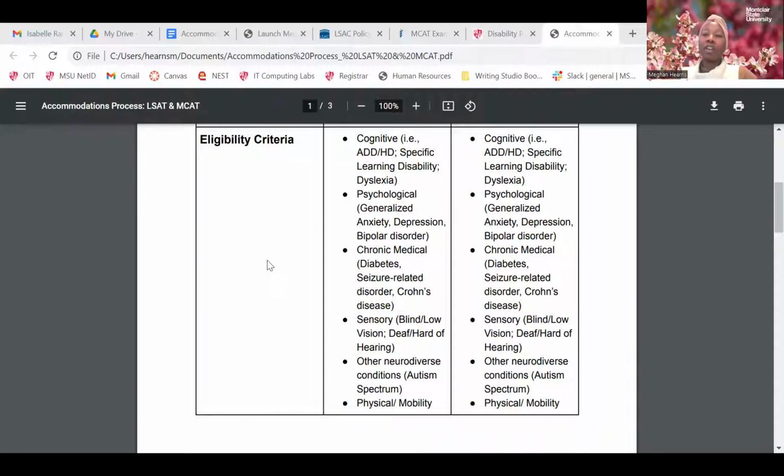Some of the language used on both exam applications is a little confusing. But if you are in the process of registering with the DRC and your documentation was determined valid by the DRC, you are most likely within the eligibility criteria.